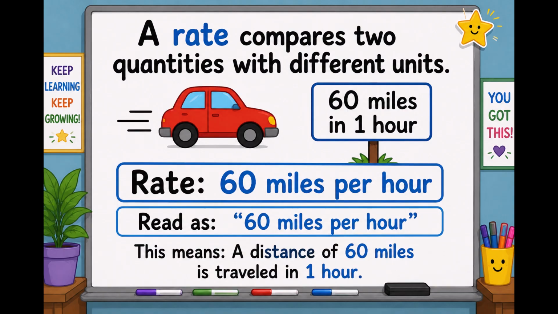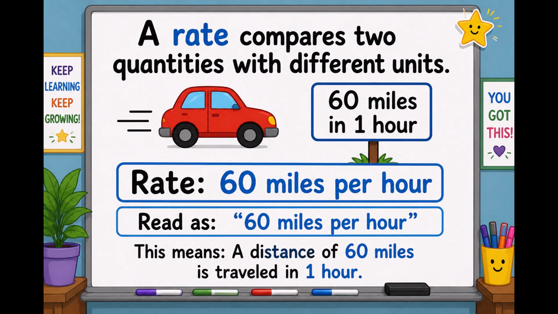We write the rate as 60 miles per hour. The word per means for each. Anytime we see the word per, it means for each. 60 miles for each hour that is traveled.